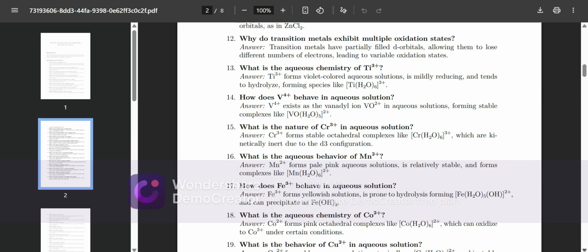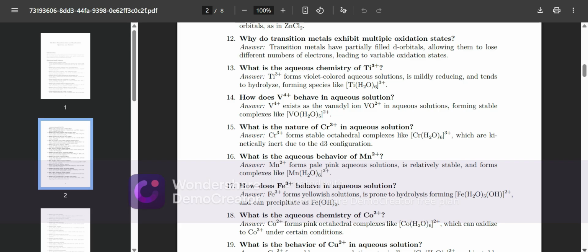V4+ exists as the vanadyl ion VO2+ in aqueous solutions, forming stable complexes like [VO(H2O)5]2+. What is the nature of Cr3+ in aqueous solution? Cr3+ forms stable octahedral complexes like [Cr(H2O)6]3+, which are kinetically inert due to the d3 configuration.